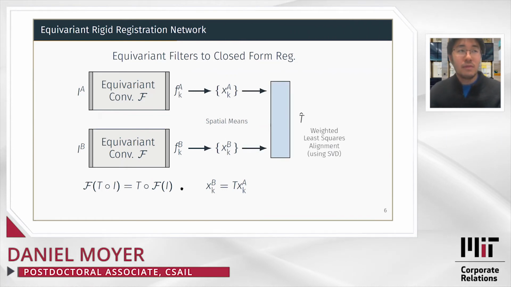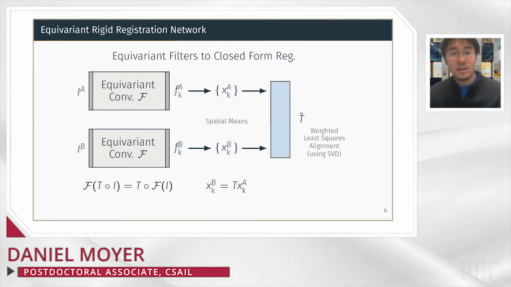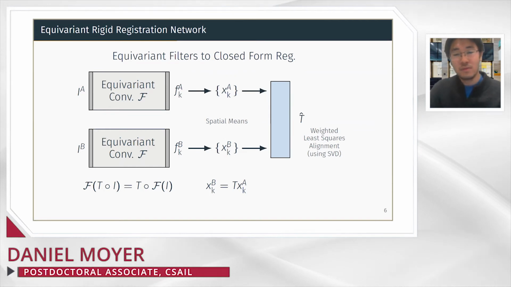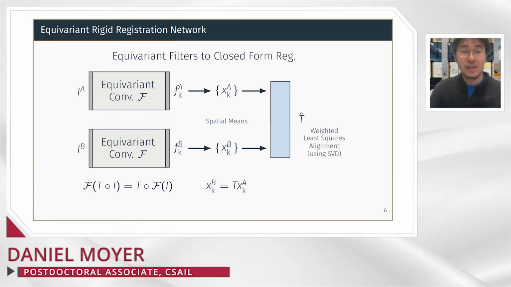And if we have a set of points, and a second set of points corresponding to the first, so the first point corresponds with the first point of the second set, and so forth, then we know how to solve for the best rigid transformation between them. We can do this using SVD, and we've known this since the 70s or 80s, that this is a weighted least squares problem.